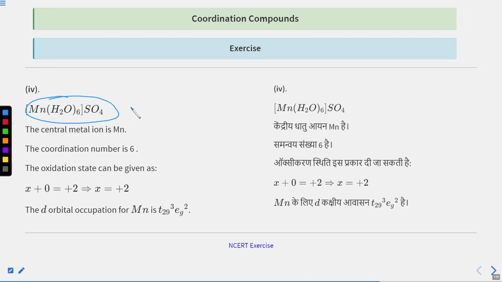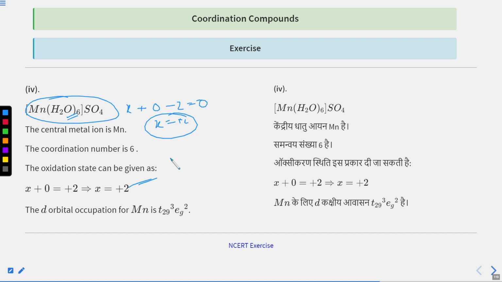Next we have this compound. Suppose manganese will have X, H2O is a neutral one, so it is 0. SO4 is having -2 charge. Overall is 0. So X is equal to +2 oxidation state. And this is a weak ligand, right? And manganese in +2. Potassium, calcium, scandium, titanium, vanadium, chromium, manganese.